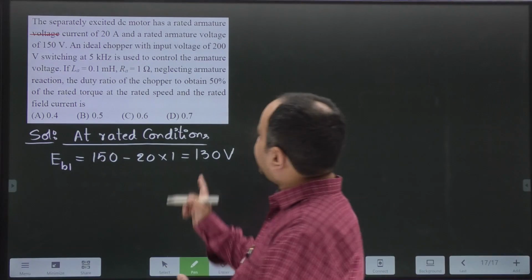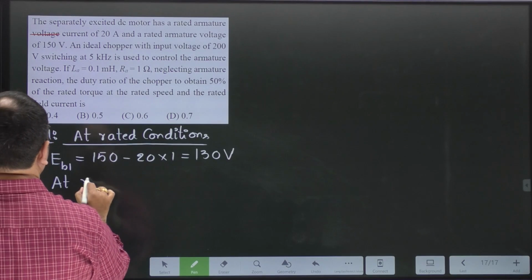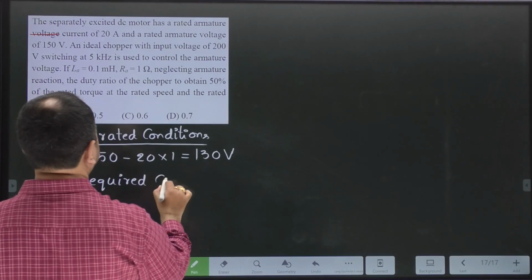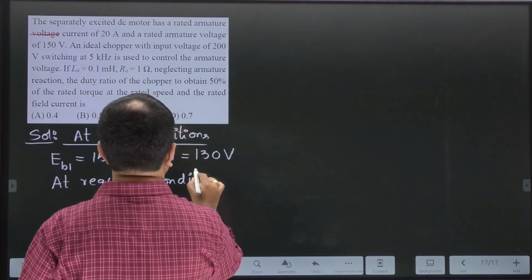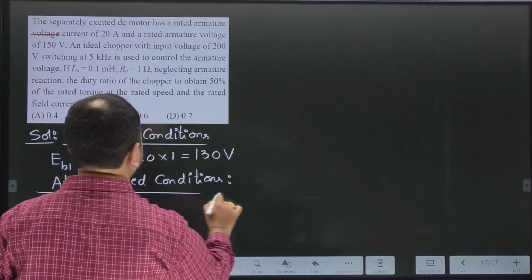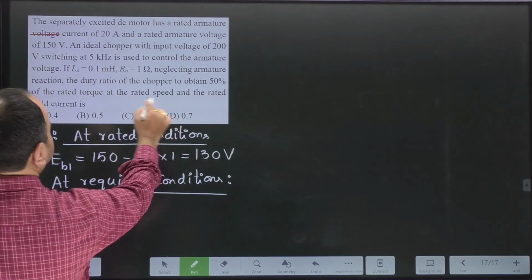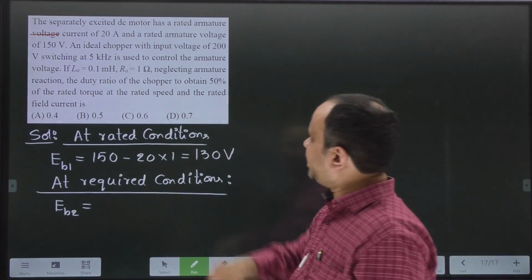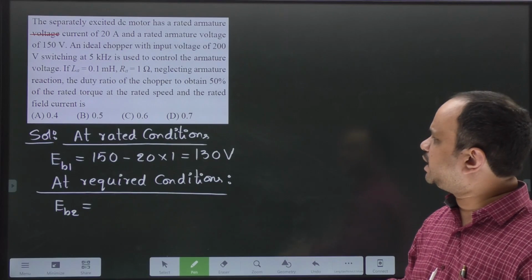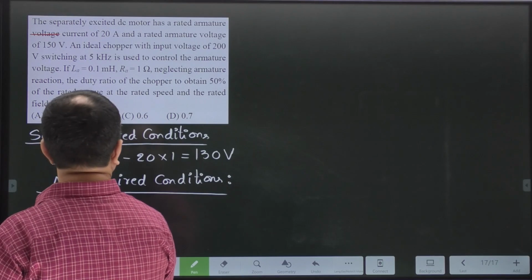Now at the required conditions, what is the back EMF? The speed is the rated speed and the field current is the rated field current. So there is no change in the field current as well as the speed. Therefore, at required conditions, what will be the back EMF? Same 130 volt only.